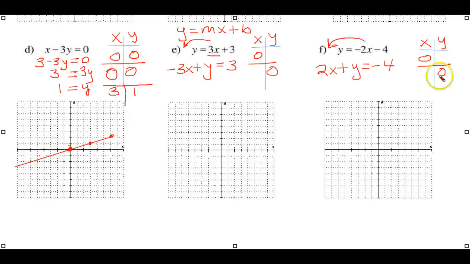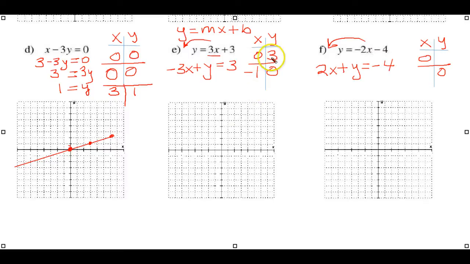All right, let's do E. Now if x is 0, this x here is 0, we have y equals 3. If y is 0, we have a negative 3 divided into 3 is a negative 1.